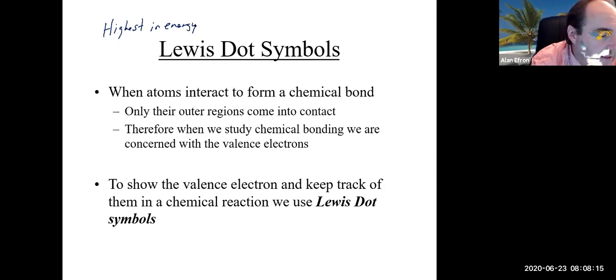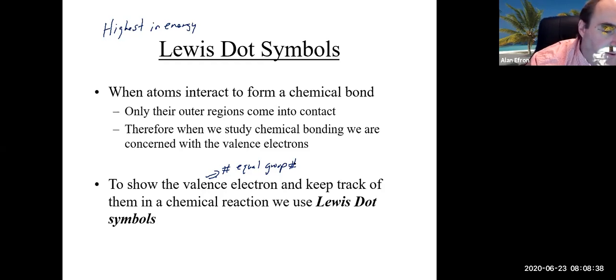To show Lewis dot symbols, we use a dot to represent each of the valence electrons. It's easy to figure out the number of valence electrons: it equals the group number on the periodic table.